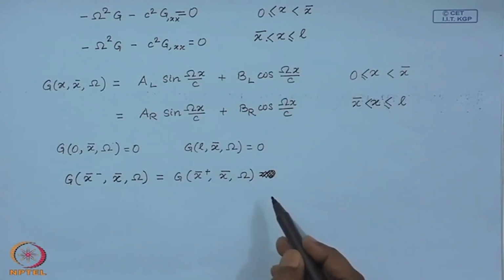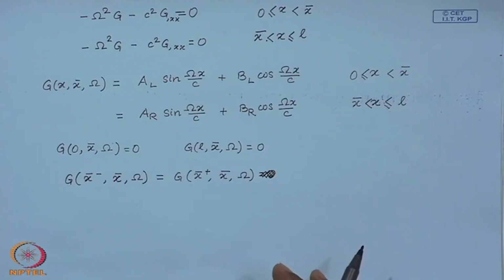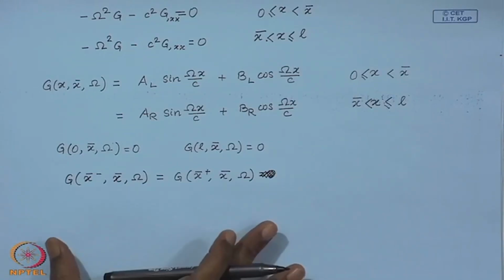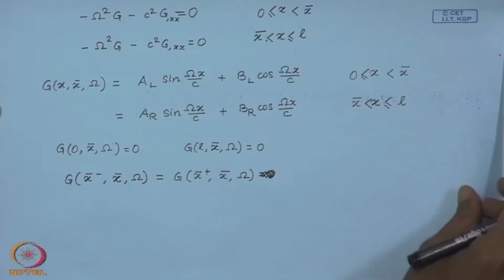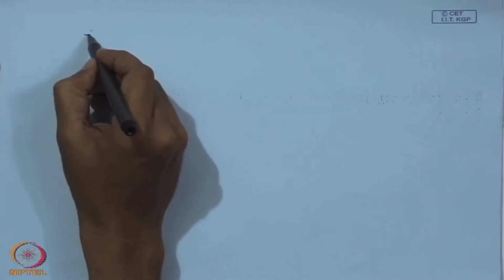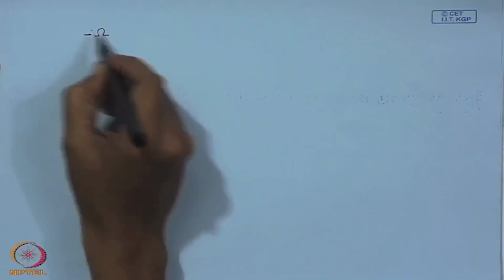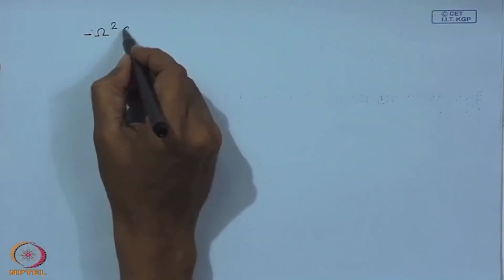The 4th condition must of course come from the force condition, the force balance at x equal to x bar. Now, this force condition for the string can be easily found by directly integrating the differential equation of the boundary value problem.